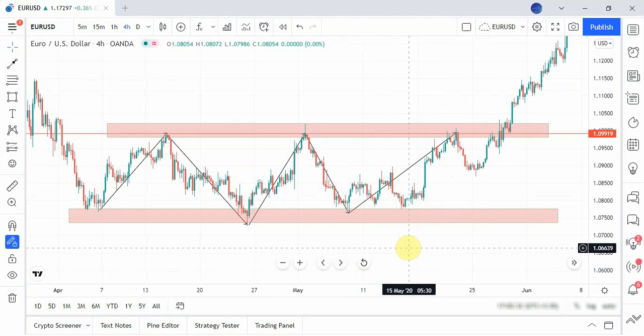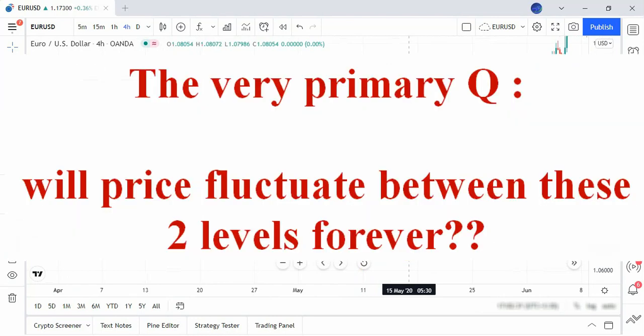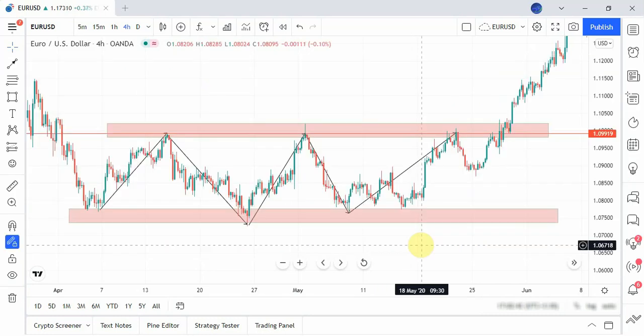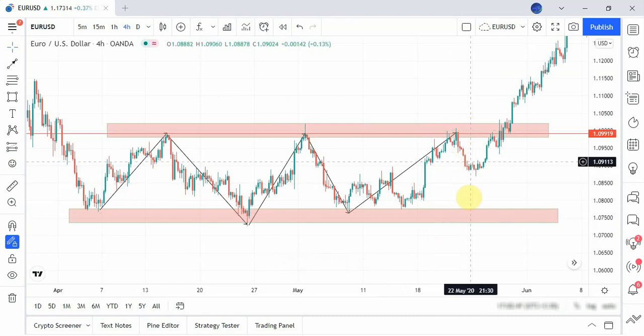But the primary question which pops into a trader's mind here is, will price fluctuate between these two levels forever? The answer is very clear: absolutely not. We have two areas of value here, and in whichever direction price is able to break the mentioned levels, we will have a powerful and strong movement in the market.